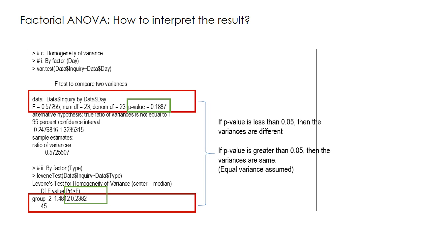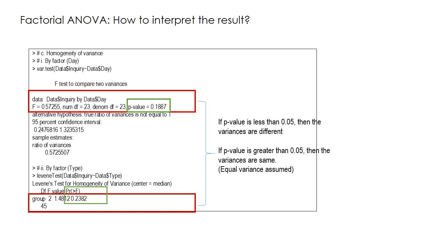If it is greater than 0.05, meaning there is no significant difference between the two variances, then the variability between the groups for Monday and Friday is the same. So the variance for the inquiry variable, which is the outcome variable, is the same for Monday and Friday.